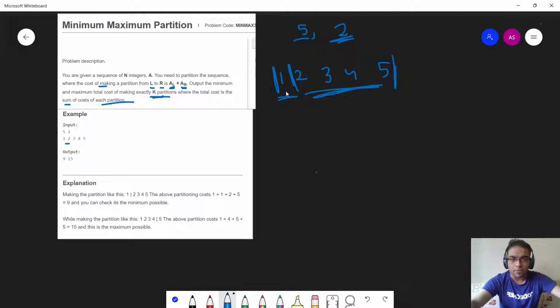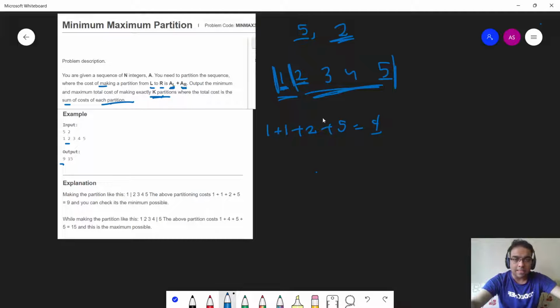What is the cost? The starting element of the first partition is 1, plus the ending element, which is again 1. The starting element of the second partition is 2, plus the ending element, which is 5. The total cost is 1 plus 1 is 2, 2 plus 2 is 4, 4 plus 5 is 9, and 9 is the minimum cost that we can obtain in this problem.